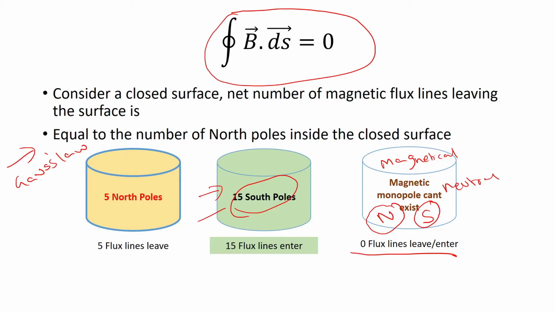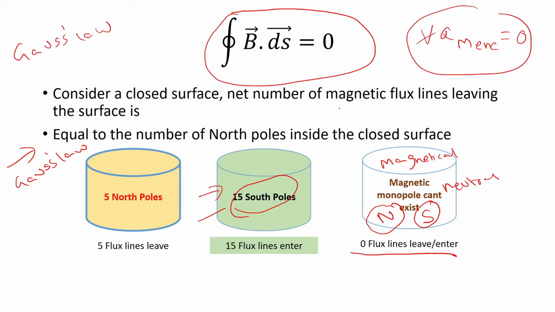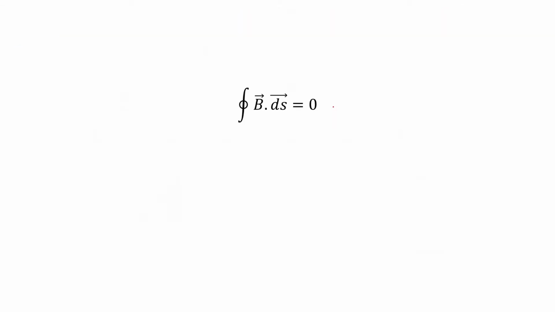So this is pretty much similar to Gauss's law for electric flux density. The only difference being the magnetic charge enclosed is always equal to 0 for all bodies, right?